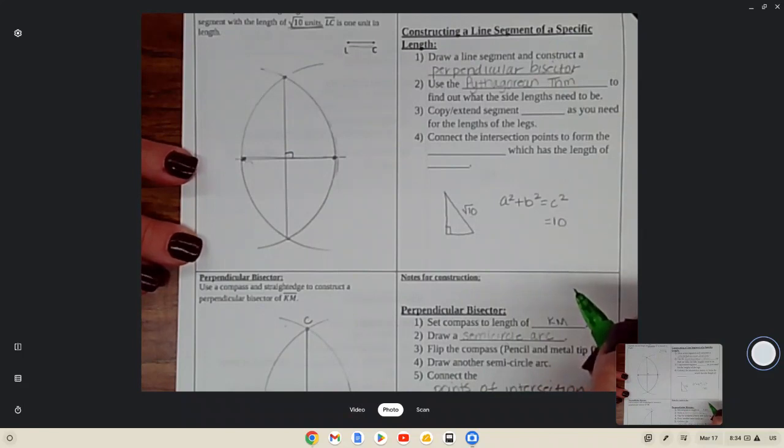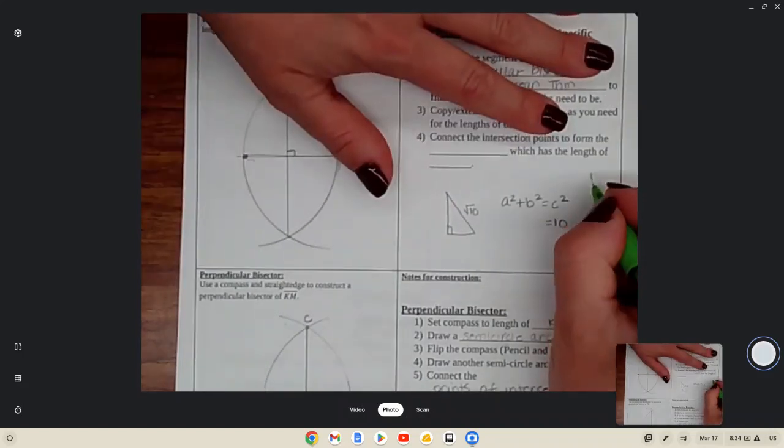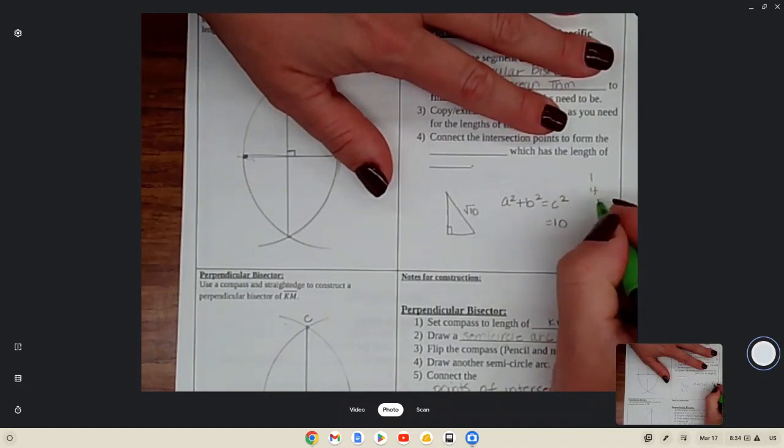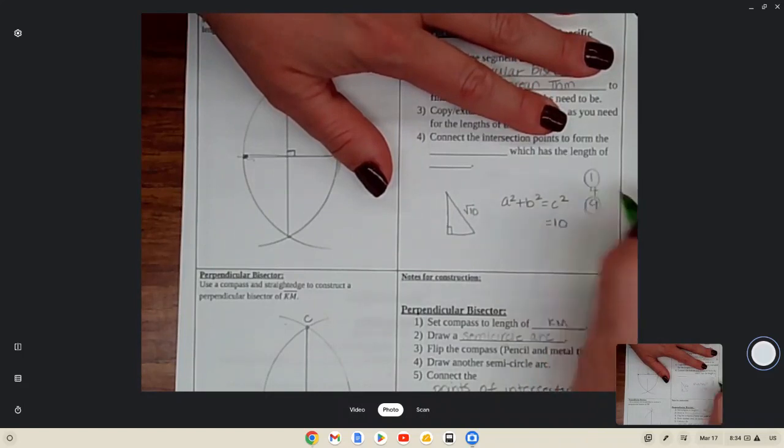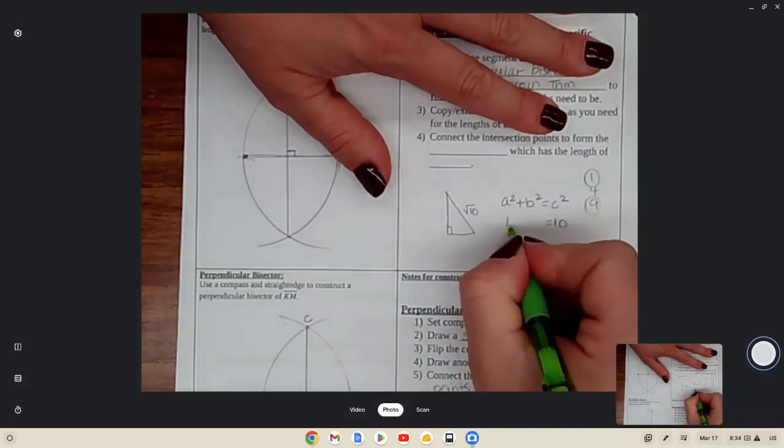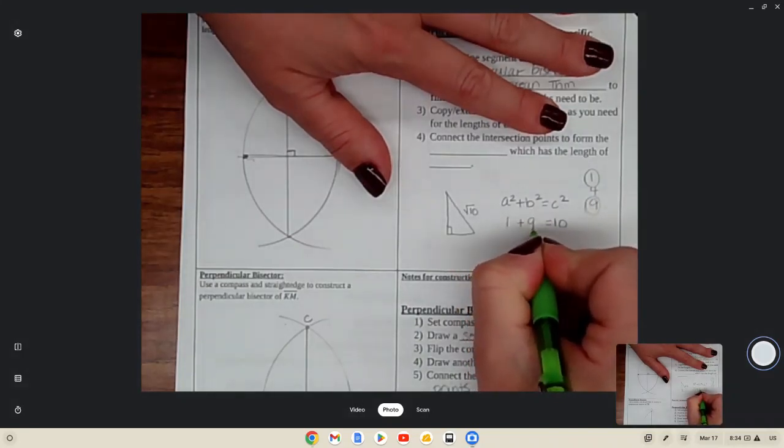Okay. So now we want to think, all right, well, what two perfect squares would add up to 10? What are our perfect squares? 1, 4, 9. Oh, 9 and 1, right? So 1 plus 9.